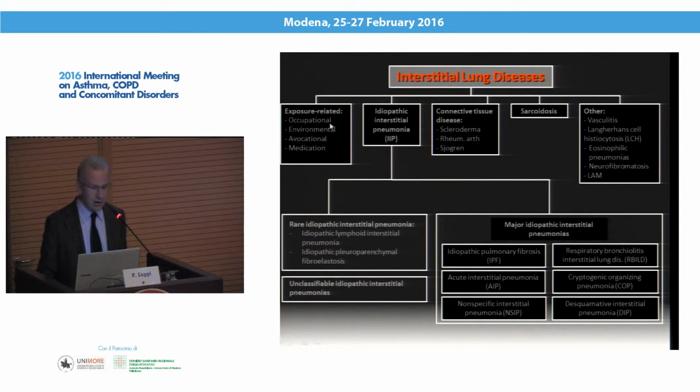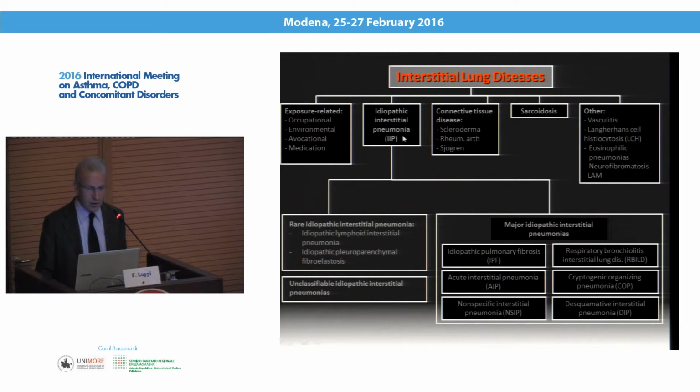The exposure-related interstitial lung diseases are a very big category. Idiopathic interstitial pneumonia is now a hot topic in respiratory medicine, mainly because of idiopathic pulmonary fibrosis, which is usually a very progressive disease, now with new antifibrotic drugs.